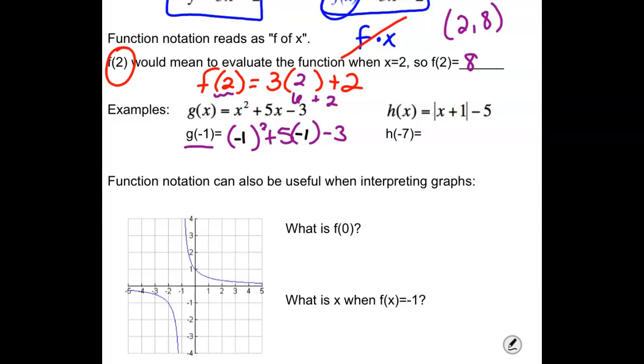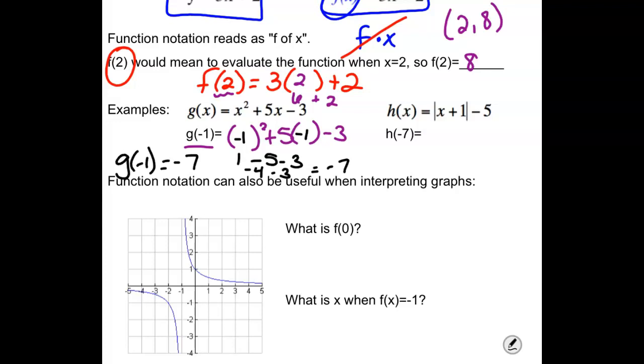We're squaring a negative 1, which comes out as a positive 1. 5 times negative 1 would be negative 5. And then we are subtracting 3. One minus 5 would be negative 4. Subtracting 3 more would be negative 7. So we could say g of negative 1 equals negative 7.